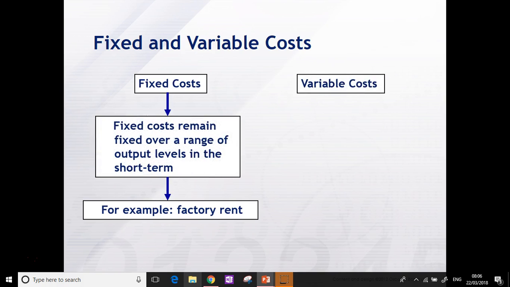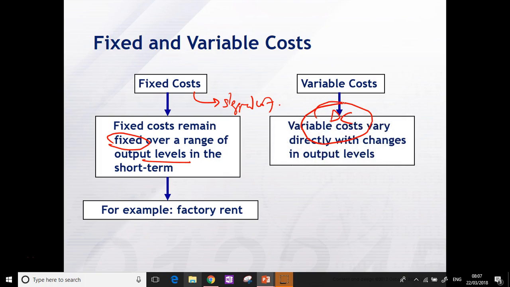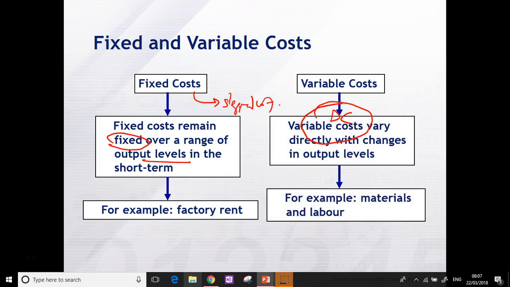I defined fixed costs for you, things that remain fixed over a certain range, and I've discussed how that could become a stepped cost if we continue to need a fixed cost like a supervisor or a new place to store our products. Variable costs will change, of course, because these are our direct costs, and these will change with output levels as well.